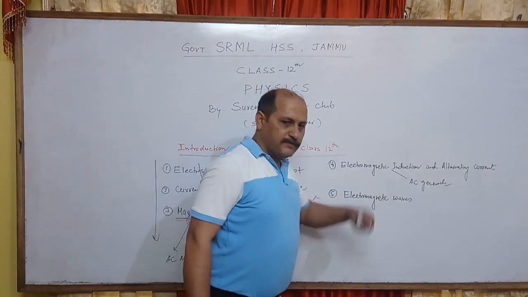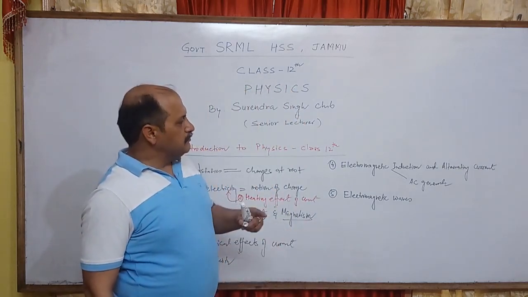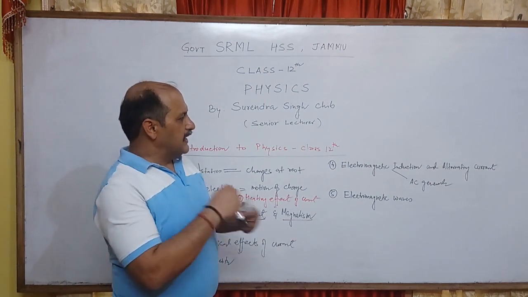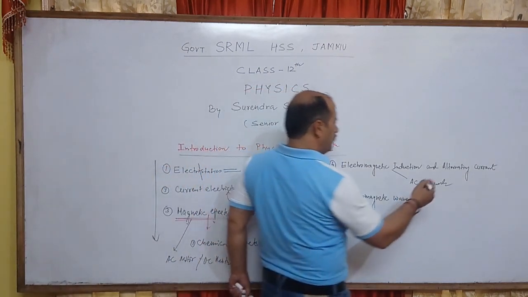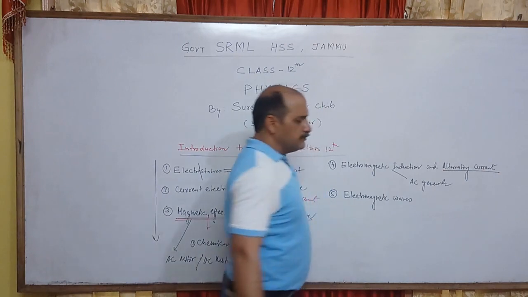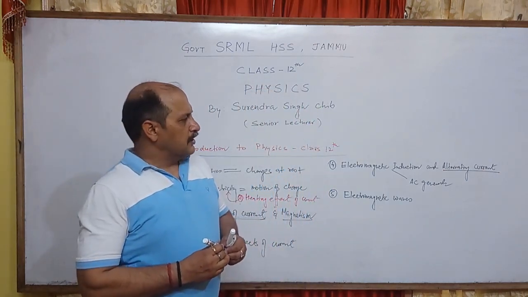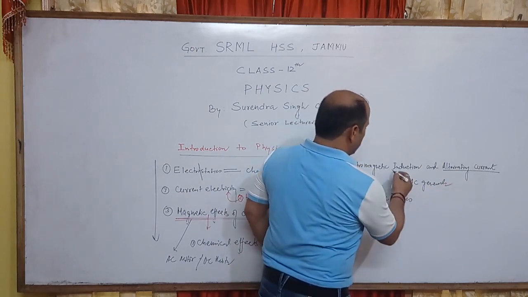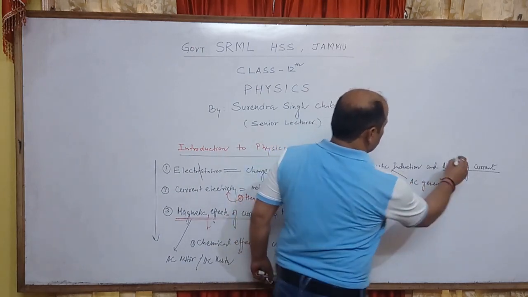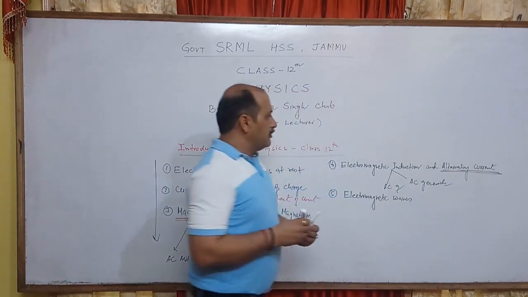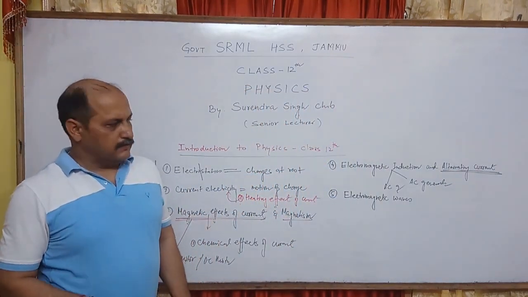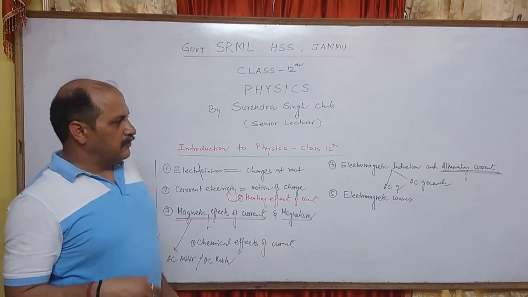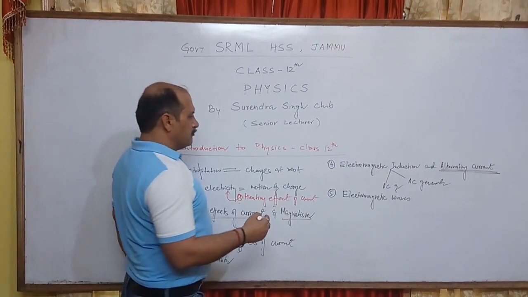Here it is the reverse of that. Magnetism can again give rise to electricity. And then we have alternating current, a different unit. When we are producing current, we can produce AC or DC, but here we are dealing with AC current because AC current is the domestic current which is supplied to our houses. This is the direct way.